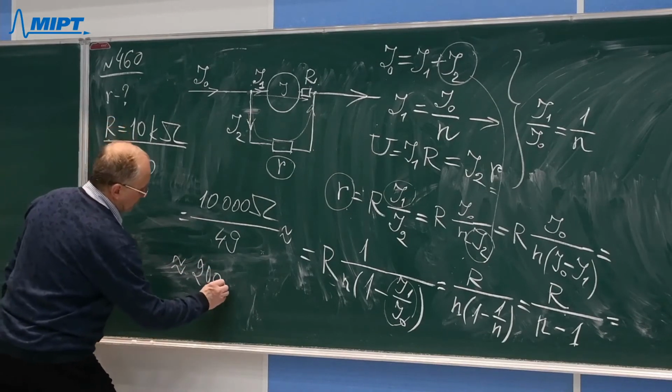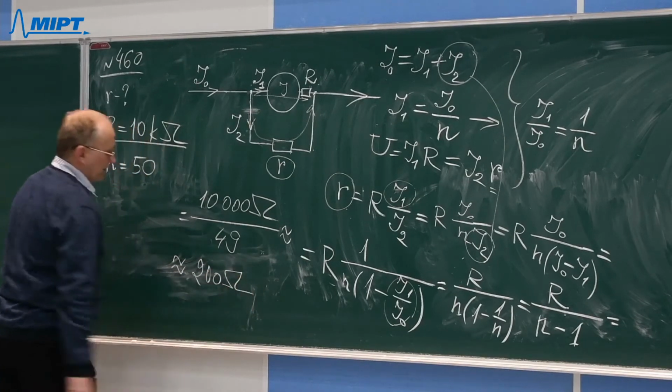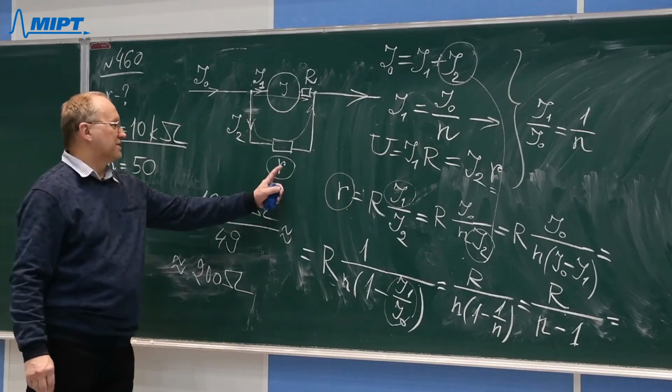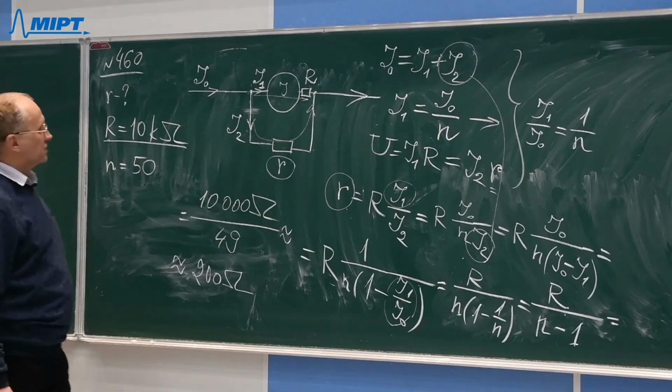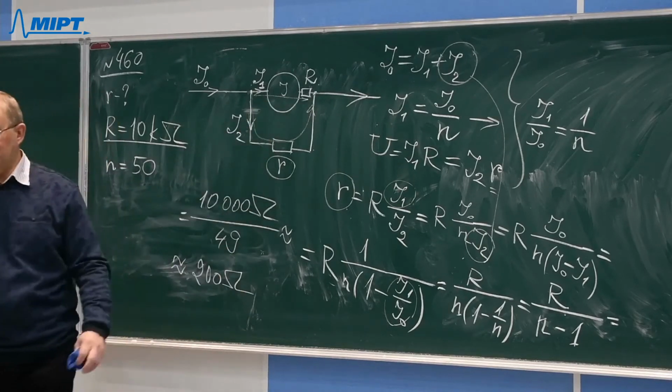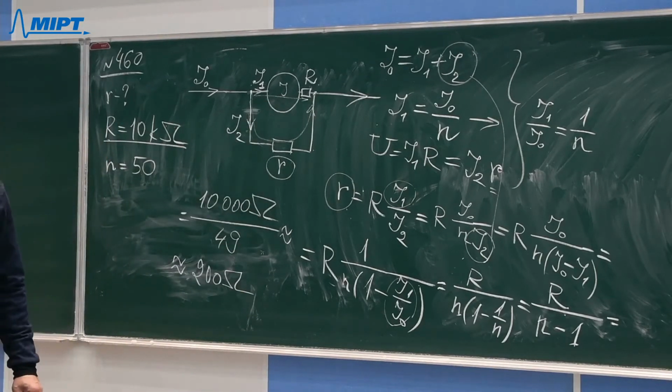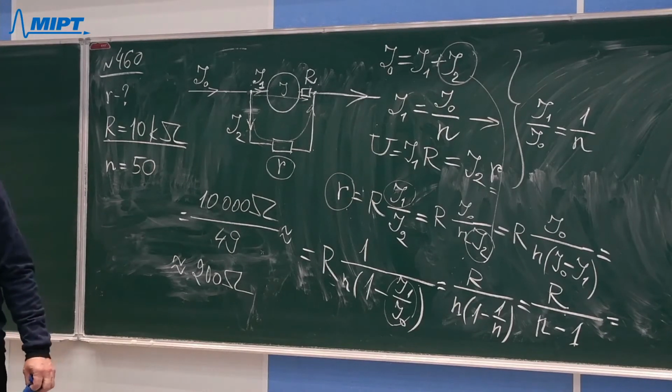So about 200 ohms, that must be the resistance of the shunt to be used in this scheme in order to reduce the sensitivity of the device by 50 times. About 200 ohms.